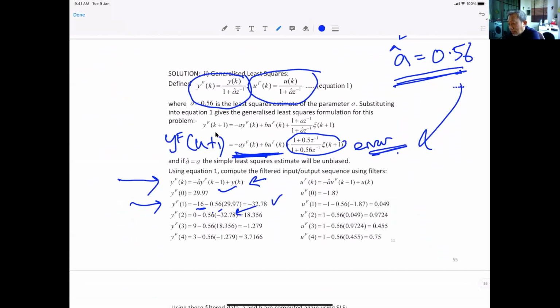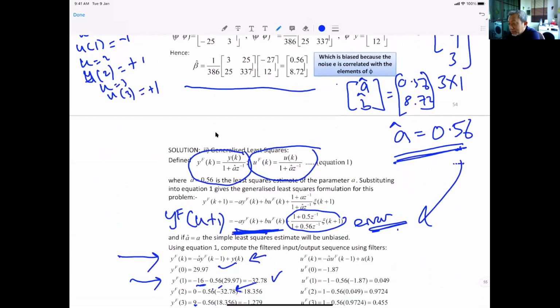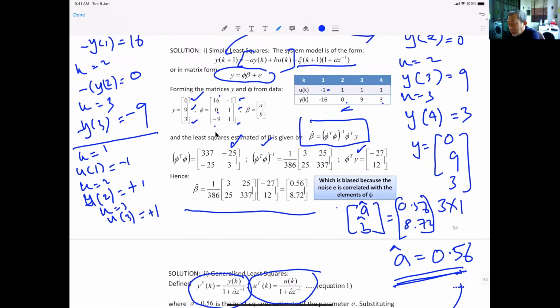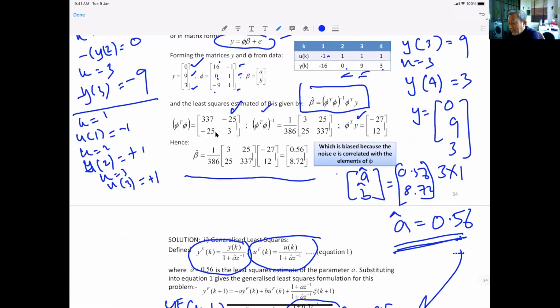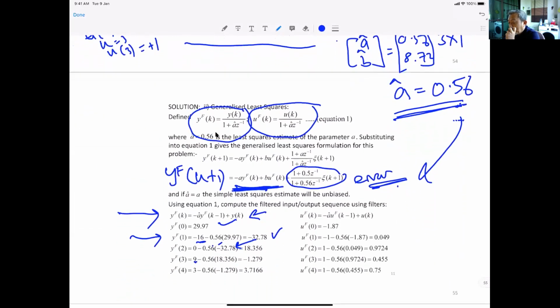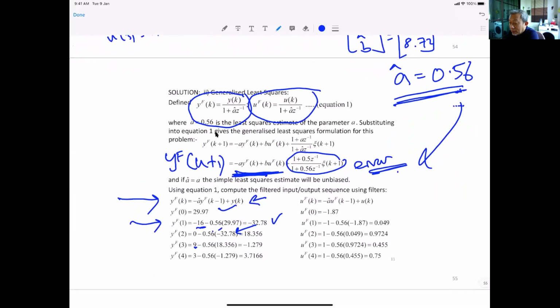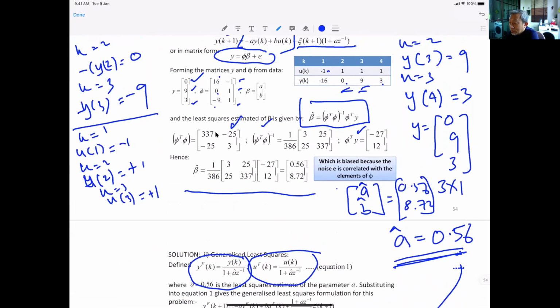Then continue with y f3. 9 is from y3. Insert the value: y3 minus A cap 0.56 times 18.356. You go here and then you get minus 1.279. Then finally, y f4: 3 is from the table, y4 here.